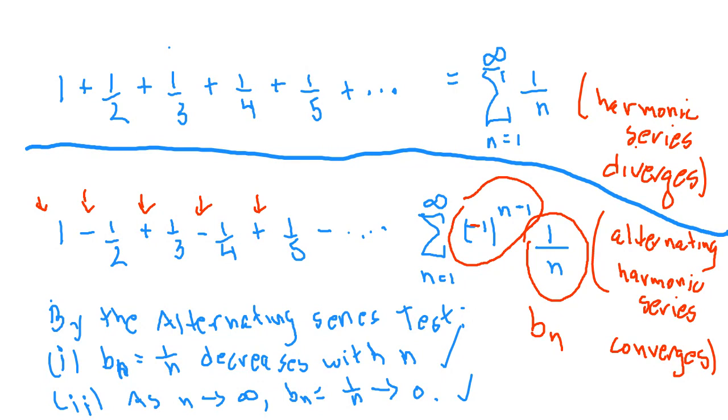So another way I could phrase this first condition is this: 1 over n plus 1 is less than 1 over n. 1 over n plus 1 is b sub n plus 1. 1 over n is b sub n.